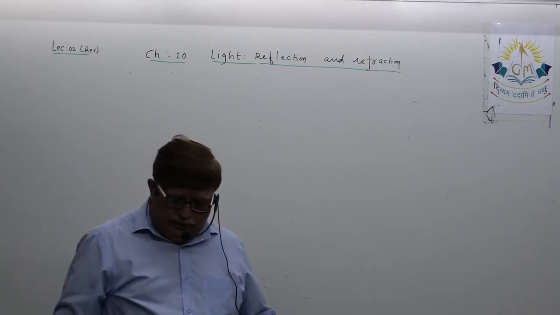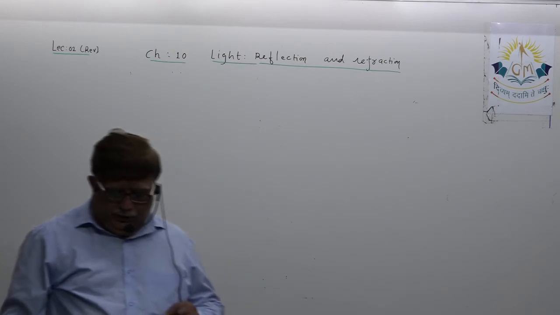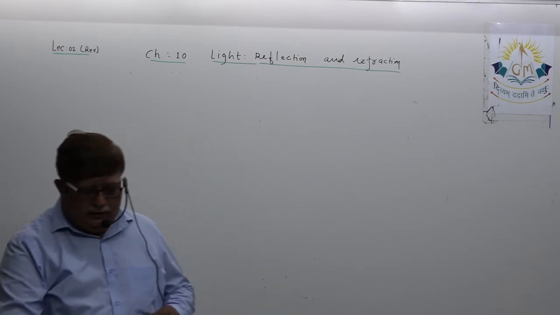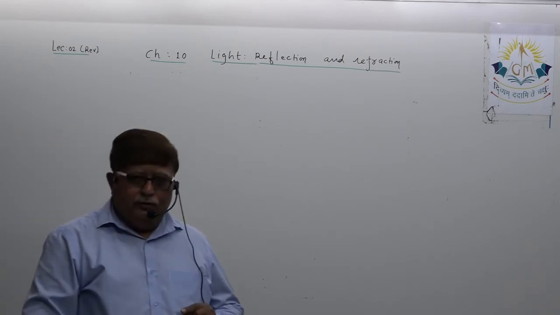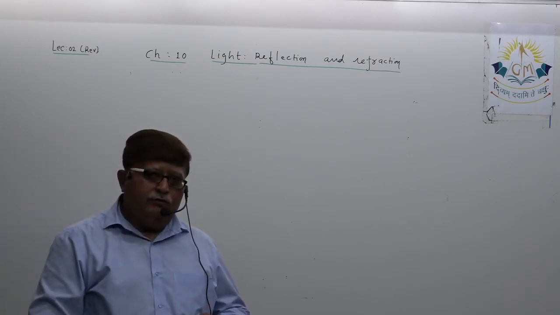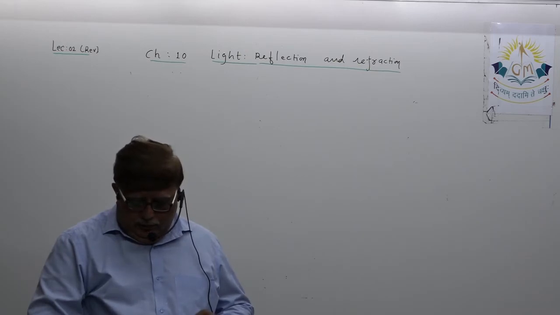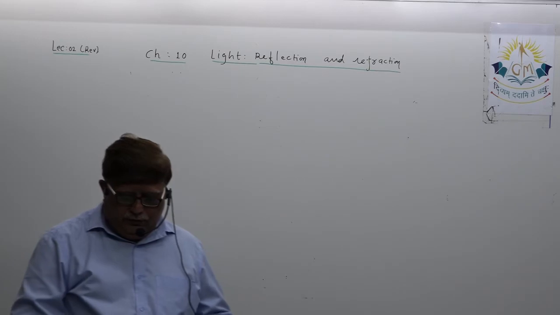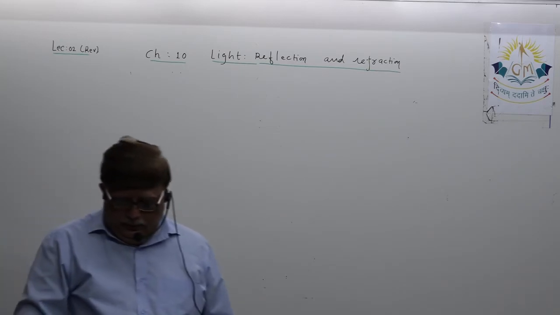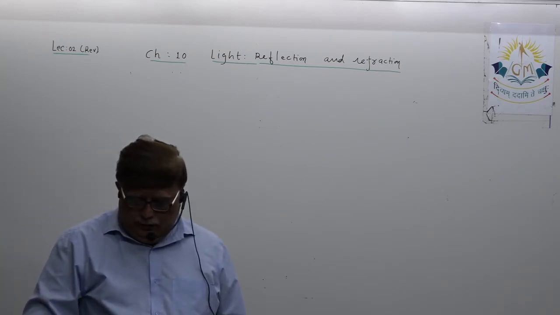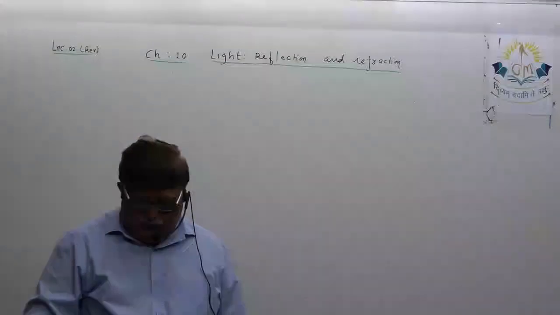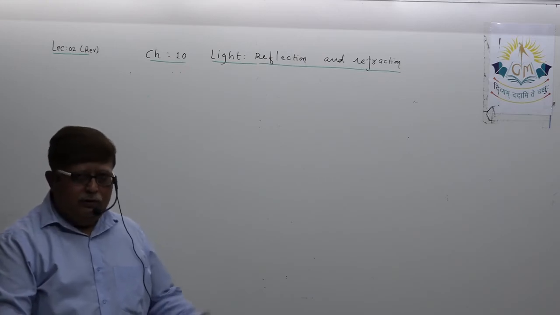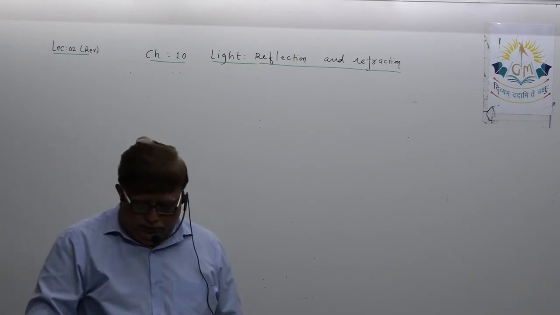An object of size 7 centimeter is placed at 27 centimeter in front of a concave mirror of focal length 18 centimeter. The similar example with modification of data.